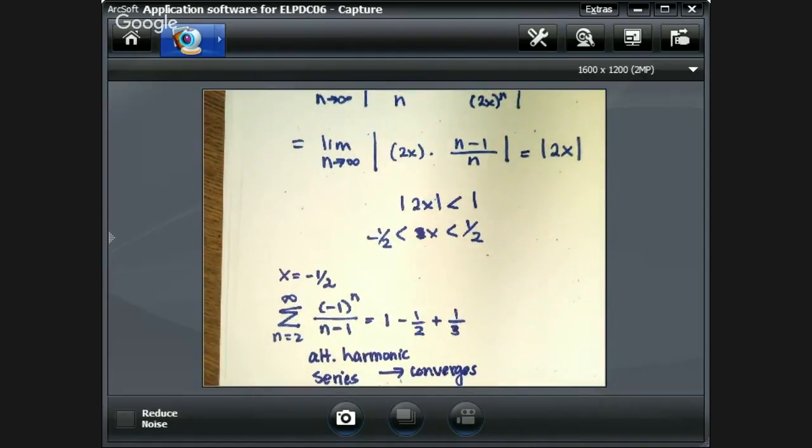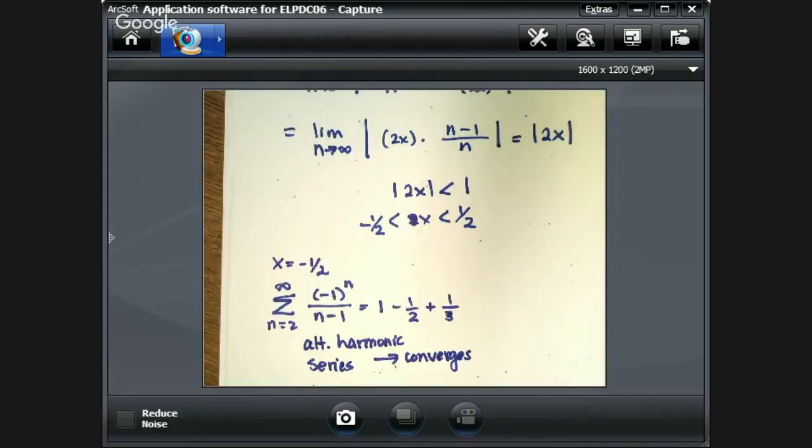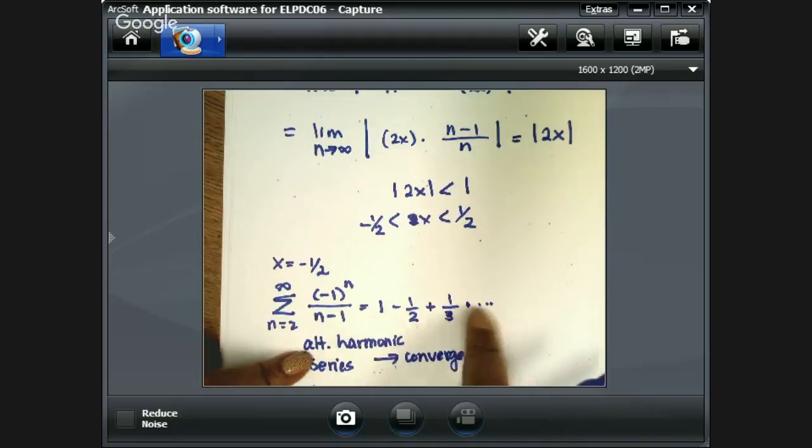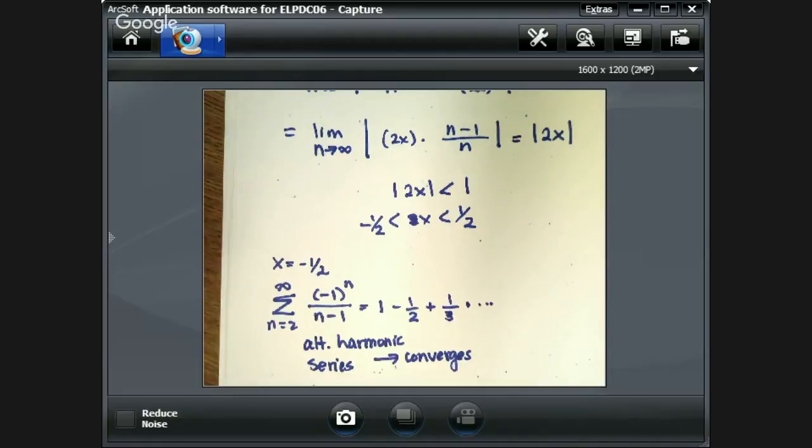Now, on the actual exam, should you have to do this on the AP exam, you have to not only show a little bit of work, say whether it converges or diverges, but you have to say why it converges or diverges. You don't have to write out these terms, but frankly, I like to write out terms to illustrate and make sure in my mind that it is what I think it is.